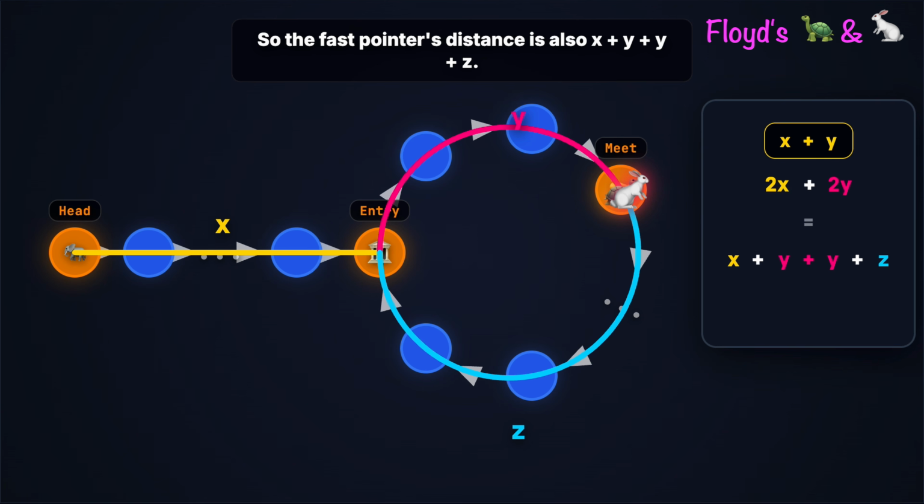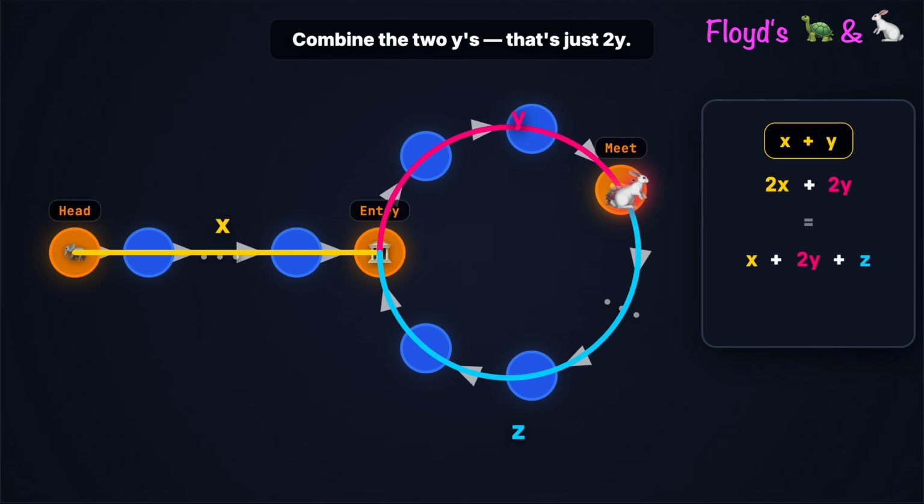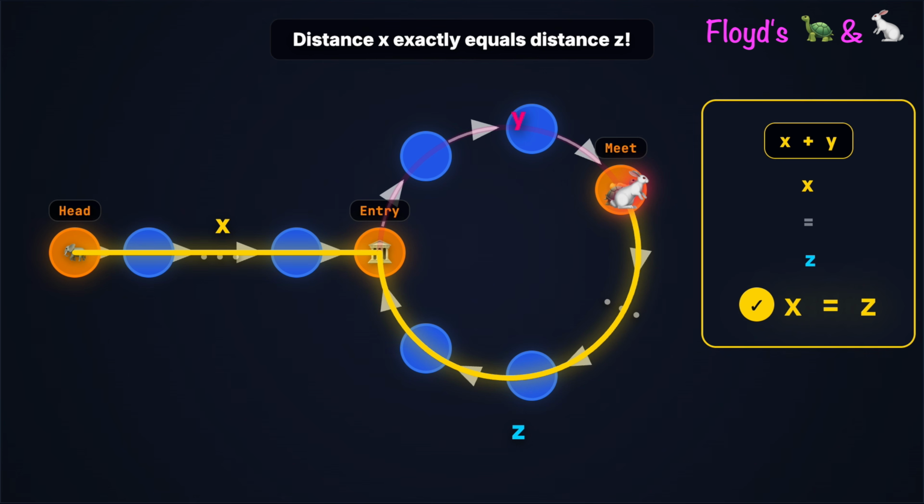Since both distances describe the exact same journey made by the fast pointer, set them equal. Cancel out x and 2y from both sides, and we are left with a beautiful realization. x equals z. The distance from the head to the cycle entrance, x, is exactly equal to the distance from the meeting point to the cycle entrance, z.